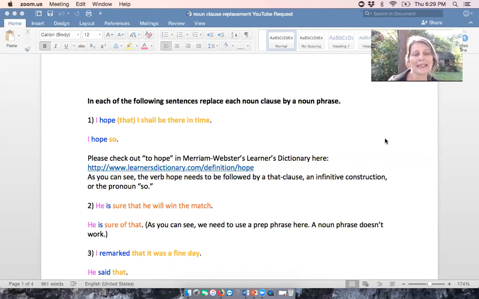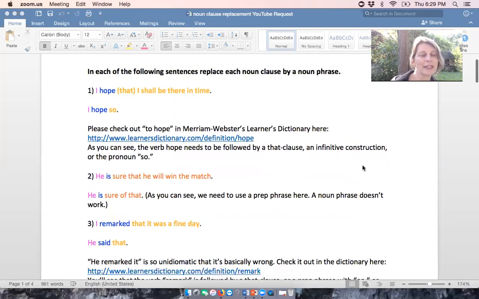Yeah, and in this case, sometimes you can say I hope, but usually people say I hope so. That's idiomatic. So with hope, you usually have a that clause following, or an infinitive construction, or the pronoun so. So I'm giving you here a link to Merriam-Webster's Learner's Dictionary, and want to encourage you to look up the verb hope and to savor all the example sentences.